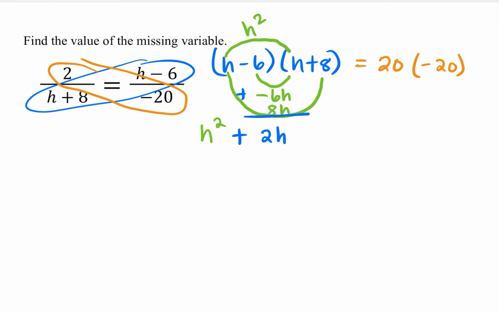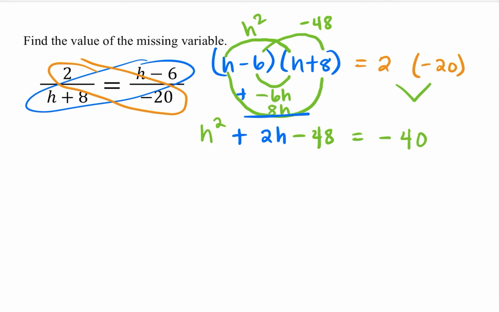And then we are going to multiply the last terms, negative 6 times 8, that is equal to negative 48. And I'm going to write that on my equation, equals, and then I simplify. I made a mistake, apologies. So this is 2 times negative 20, which is equal to negative 40.